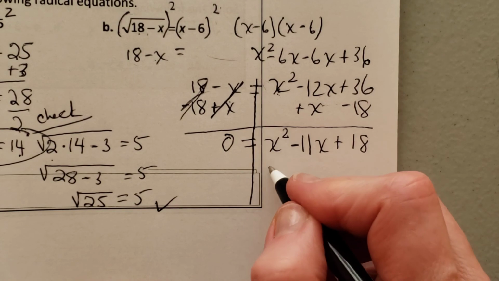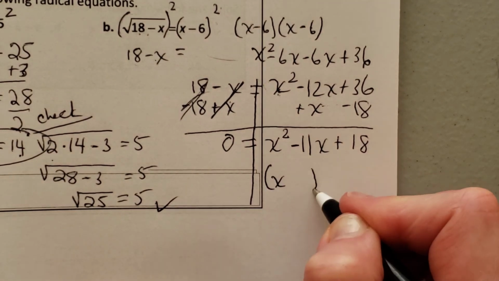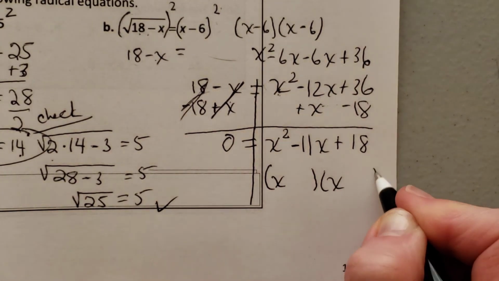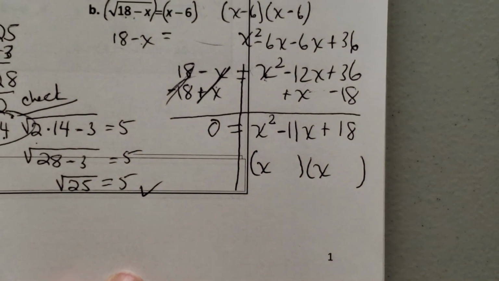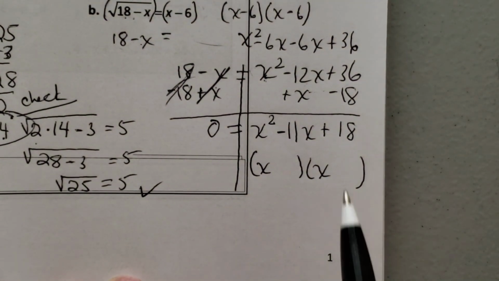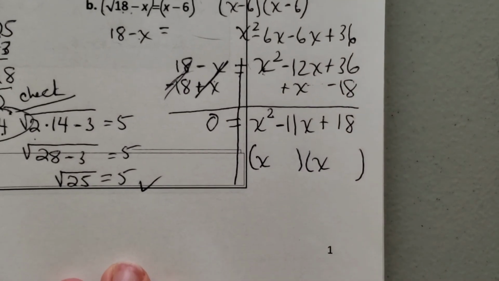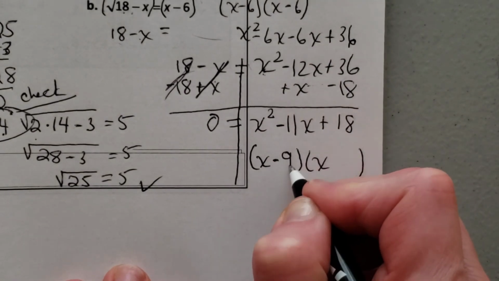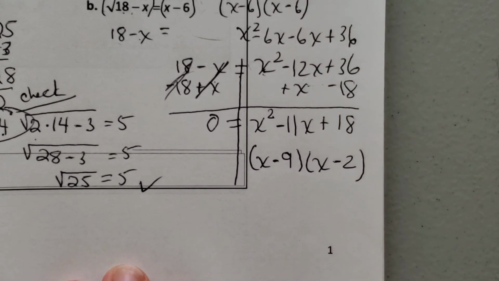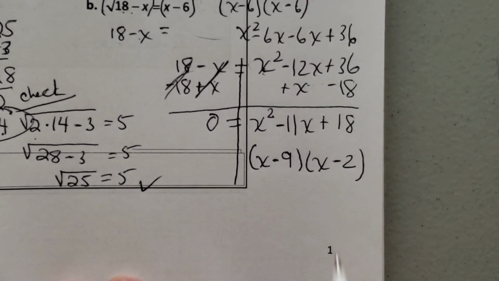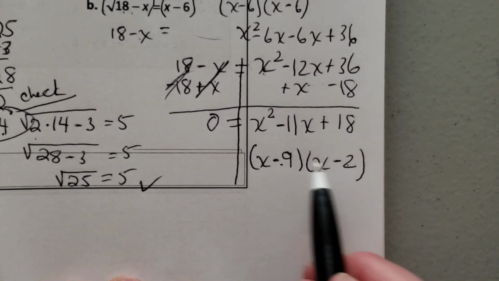So now I need to think of 2 numbers. When I multiply them, I get 18, but when I add them, I get negative 11. This tells me the signs are the same, and this tells me both numbers are going to be negative. So negative 9 and negative 2 multiplied gives me positive 18, but added gives me negative 11.